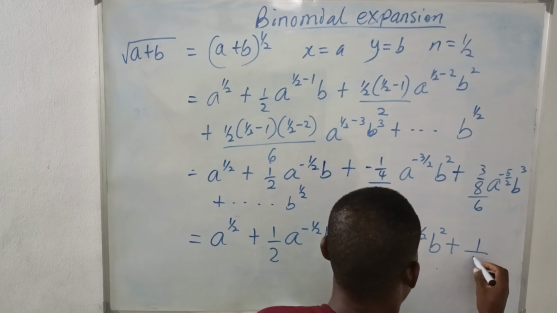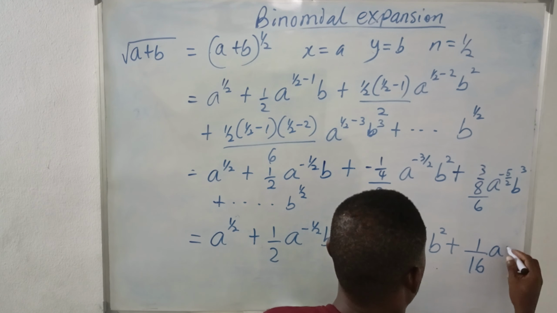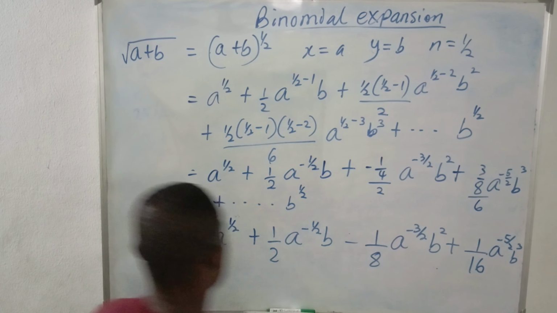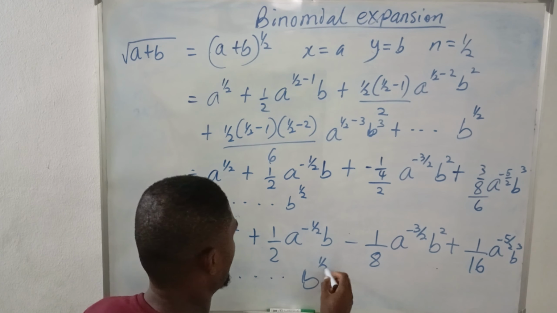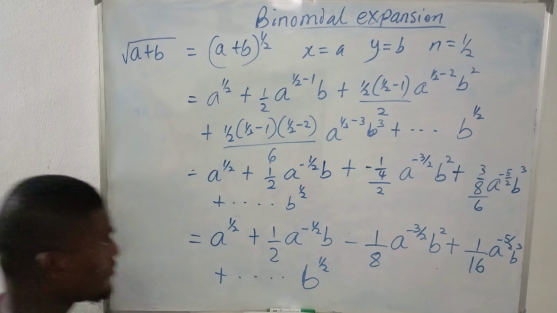So this will be 1 over 16 A raised to the power minus 5 over 2 B raised to the power of 3. And it continues that way until we reach B raised to the power 1 over 2.